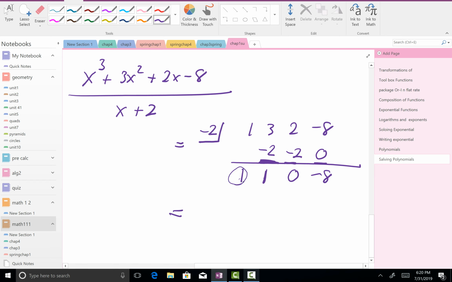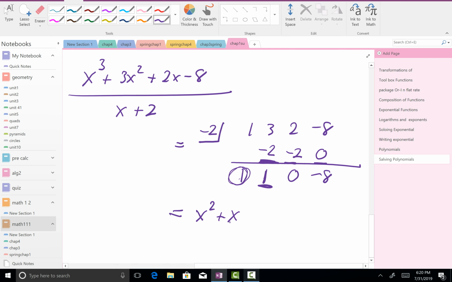What does this represent? 1 what? X cubed. Not x cubed, because think about this. You took an x cubed and divide it by an x. Oh, so x squared. So it's going to give you an x squared, right? Good job. So now we have 1x squared. Okay, what is this one going to represent? 1x.